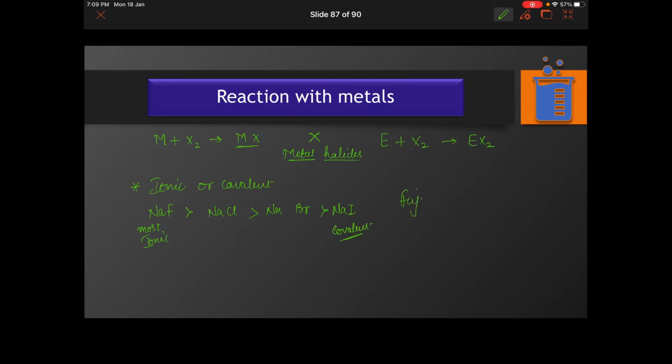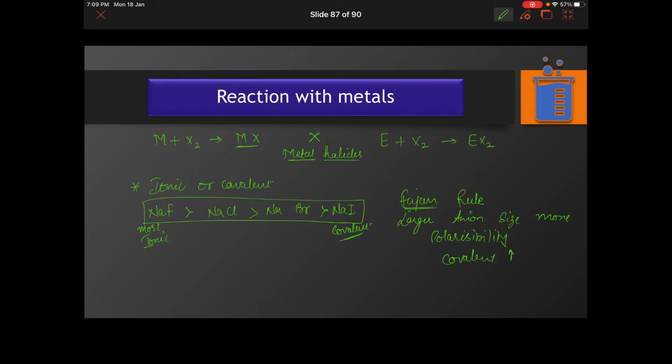Again, I don't need to explain Fajan rule, which says that larger anion size, more polarizability, and if more is the polarizability, then covalent character is high, right? So one particular point you need to remember, that for a particular metal and the changing halide ions, larger the halide ion, more will be the covalent character.